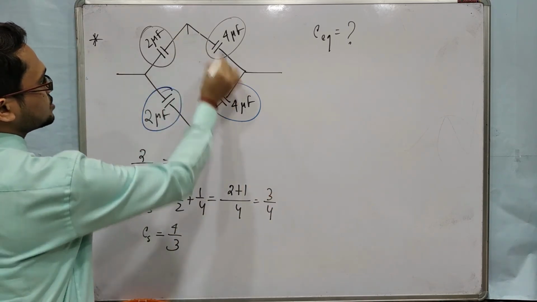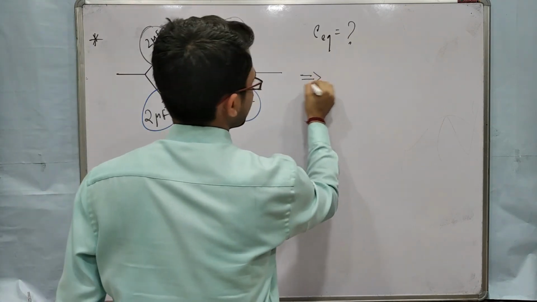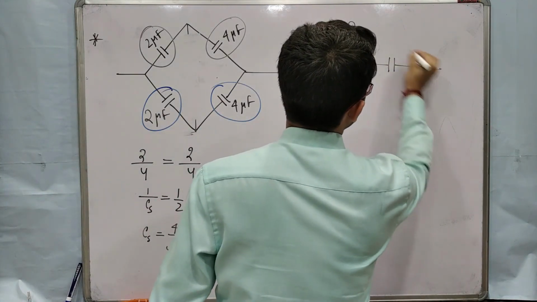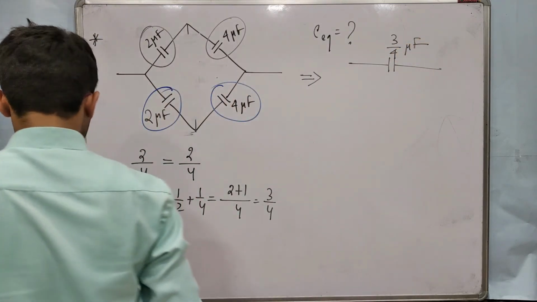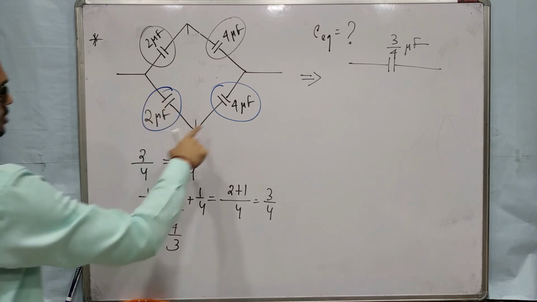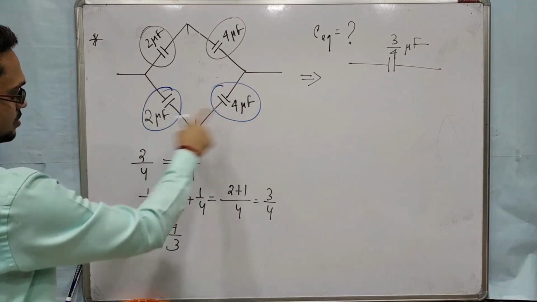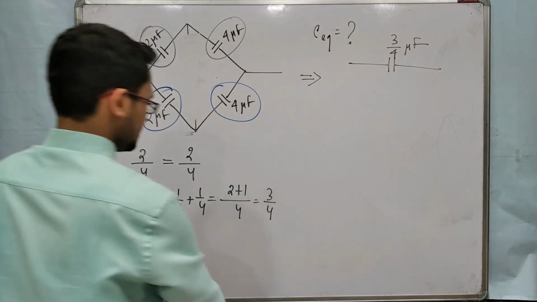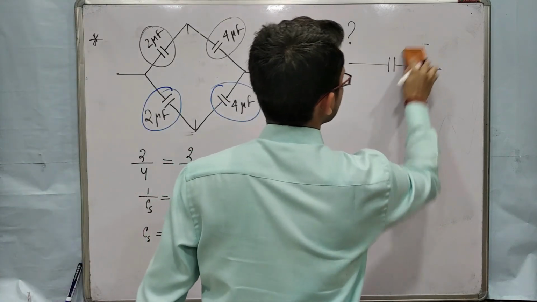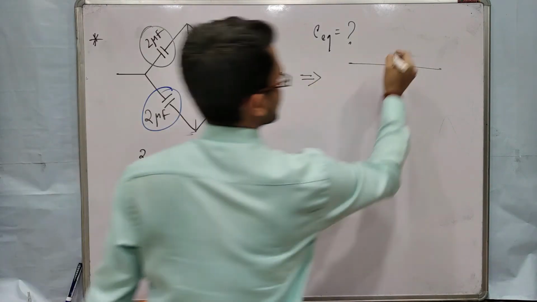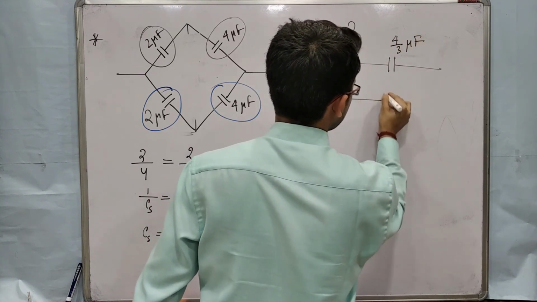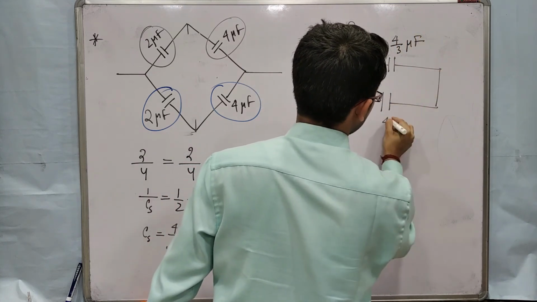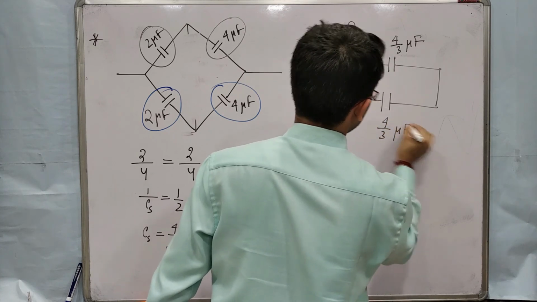So in place of these two capacitors, we can write 4 by 3 microfarad. Again these two are in series and the same value, so again in the second case we will get 4 by 3 microfarad.